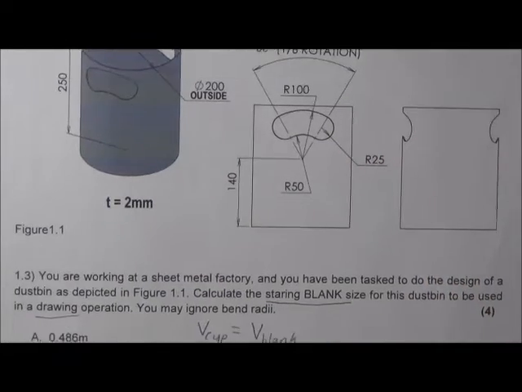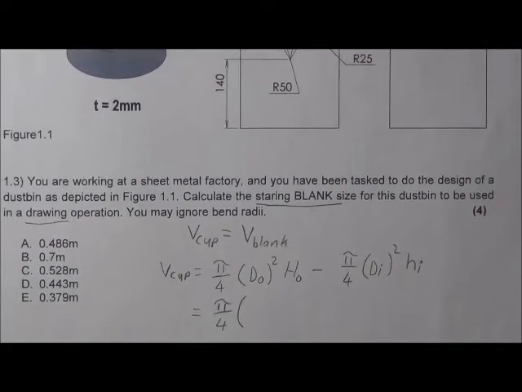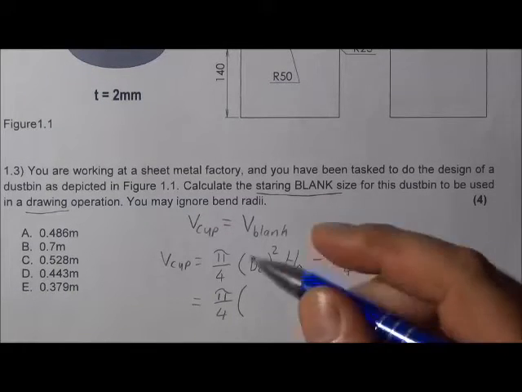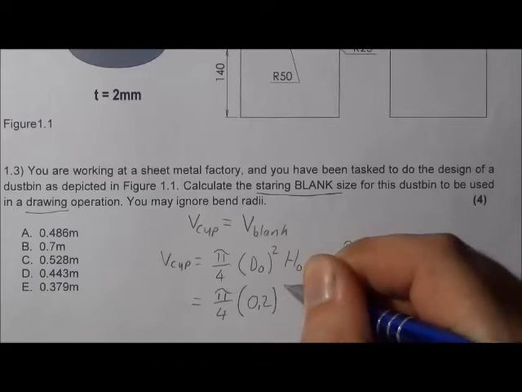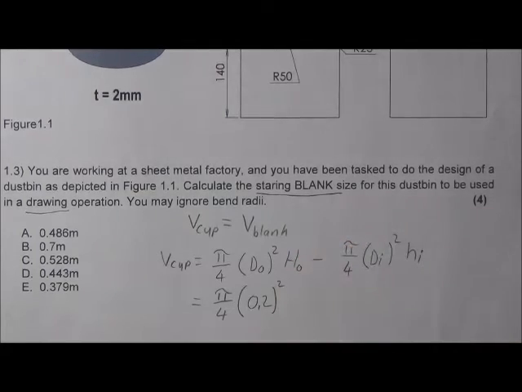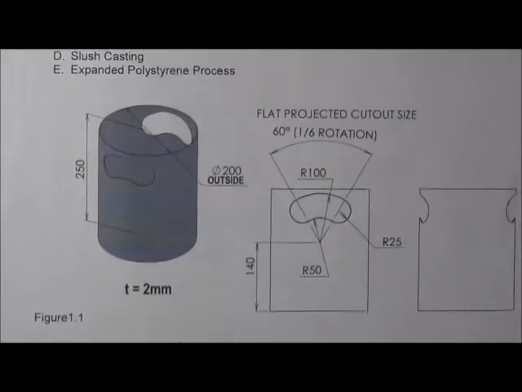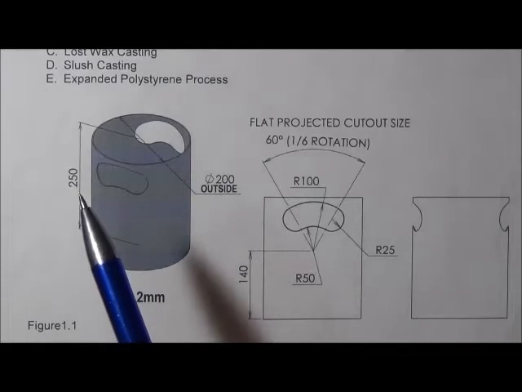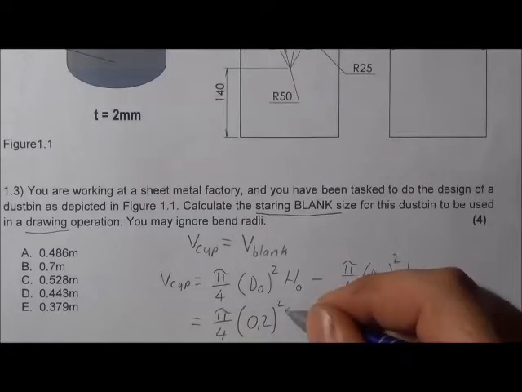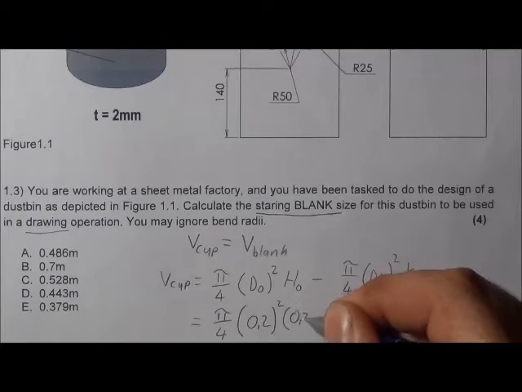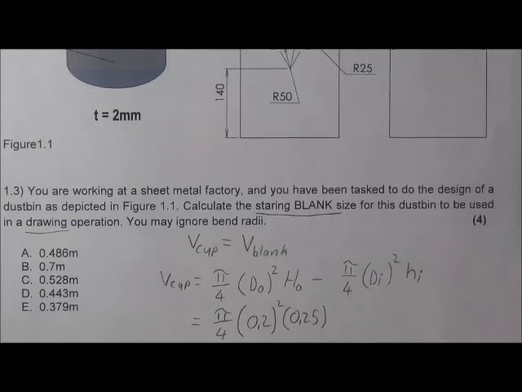Remember, we want to always use meters or SI units, so that will be 0.2 meters squared times the overall height, which is 250 millimeters. Or 0.25 meters.